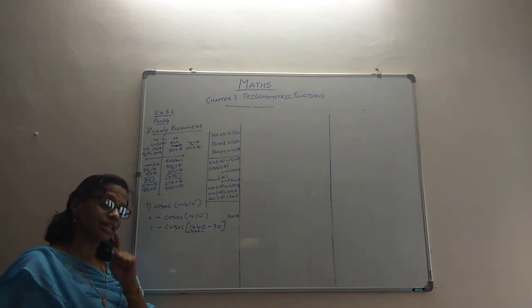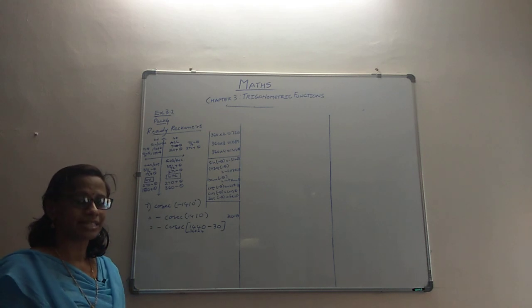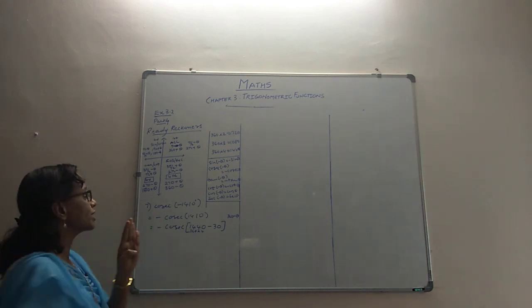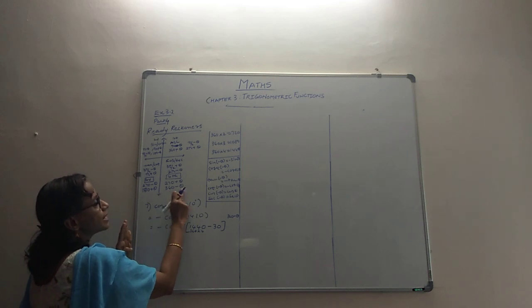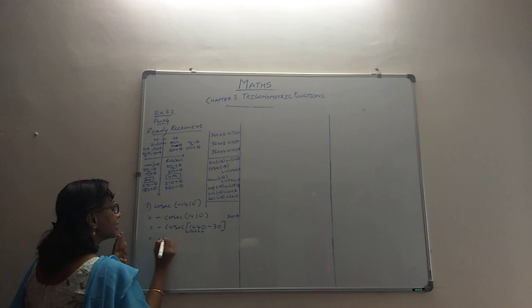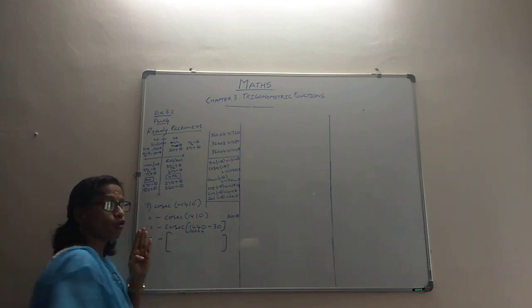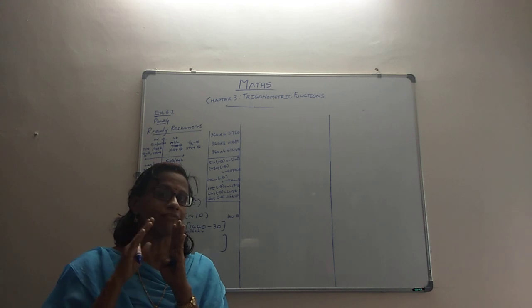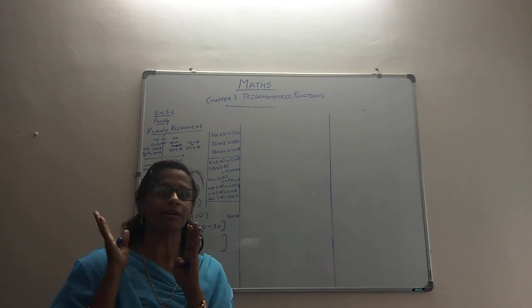So if there is an angle like 360 minus theta, in which quadrant does it lie? It lies in the fourth quadrant. 360 minus theta is lying in the fourth quadrant. And what happens to every angle in the fourth quadrant? In the fourth quadrant, only sec and cos are positive. So every other conversion that you do will carry a minus sign.